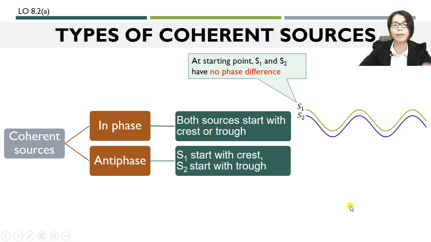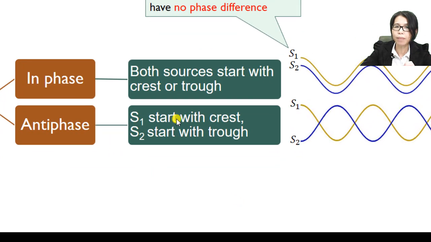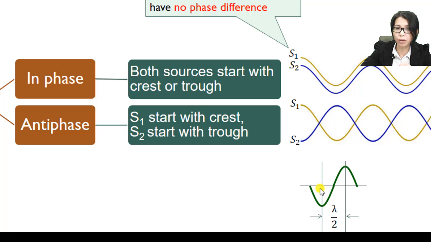Then we have another one we call an antiphase coherent source. What is meant by antiphase coherent source? S1 might start with a crest, but S2, the second source, starts with a trough. Between crest and trough, there is a difference of lambda over 2.